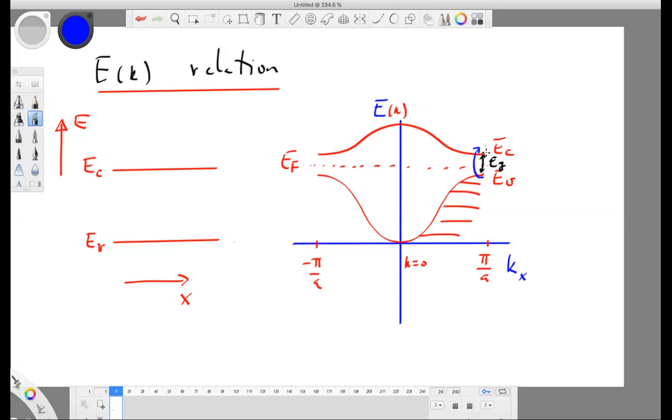There are emblematic semiconductors that don't have the topmost level of the valence band aligned with the bottommost level in the conduction band. But generally, this is going to be the case, for example for gallium arsenide, germanium, and other combinations that we saw, like gallium aluminum arsenide.